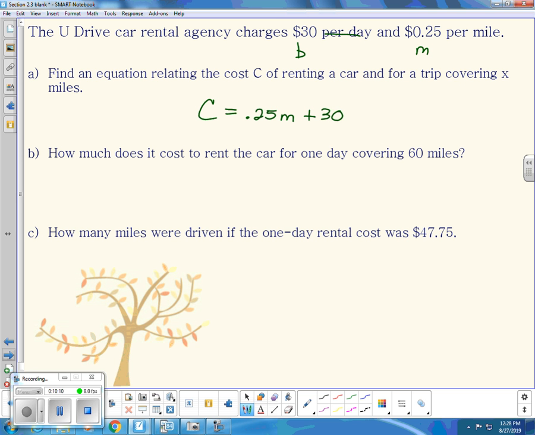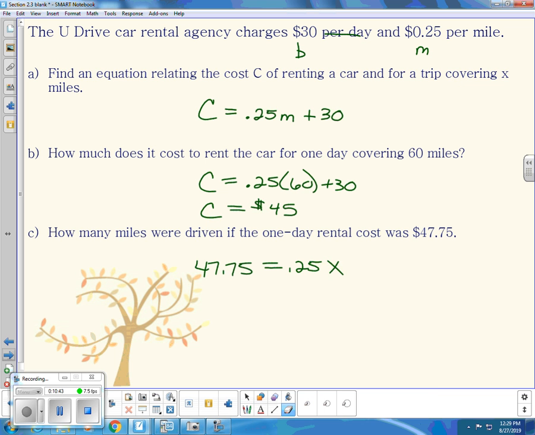That's it. How much does it cost to rent a car for 1 day covering 60 miles? So we're just going to plug that 60 in for M, number of miles. $45. And if they give you the total rental cost, you're going to plug that in for C, and you're going to solve that to figure out how many miles.